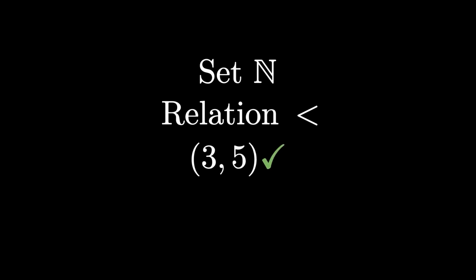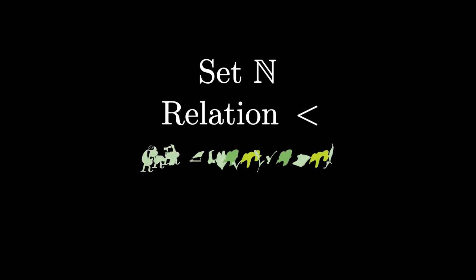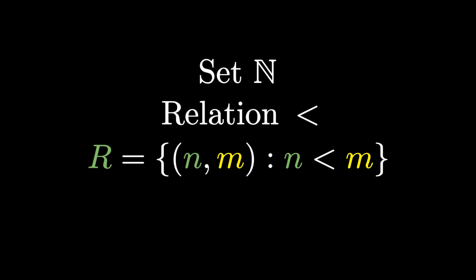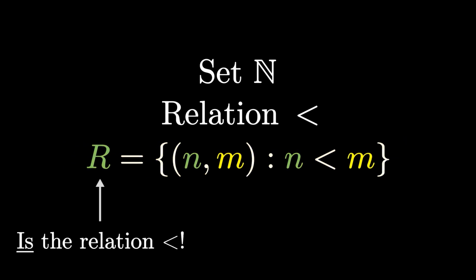Now, take all the ordered pairs which do satisfy a relation and put them into one set. Then let us formally declare that this set is the less than relation. Again, in set theory, we try to code everything in terms of sets, so it may feel weird that a relation is a set, but it works, since this set contains exactly the information we need to know what this relation does.